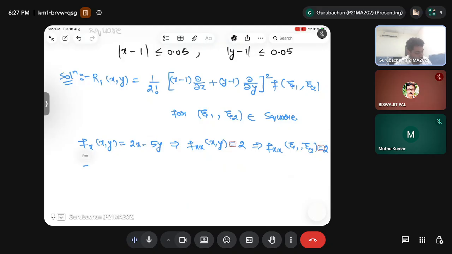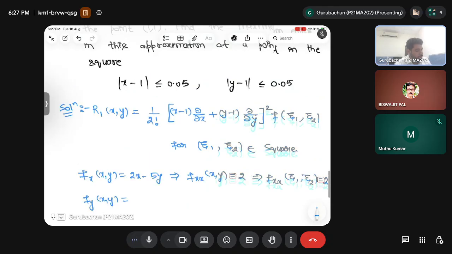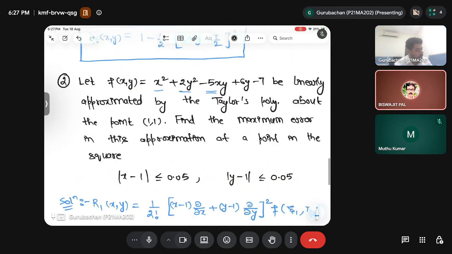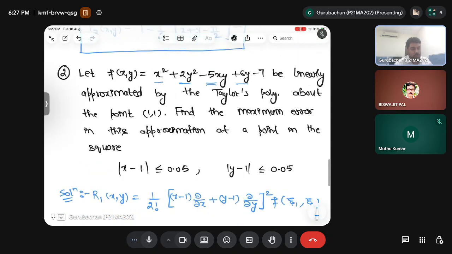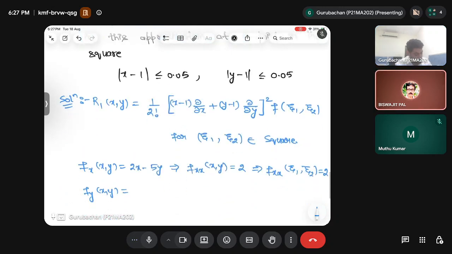Next is fxy, so this will be 4y minus 5x plus 6.